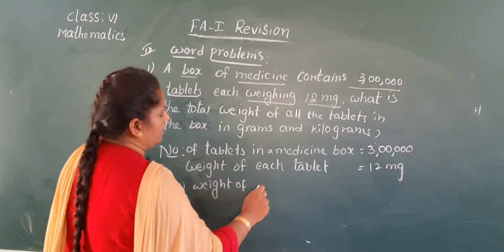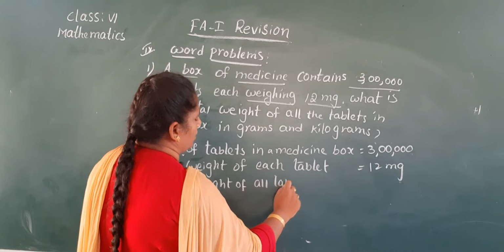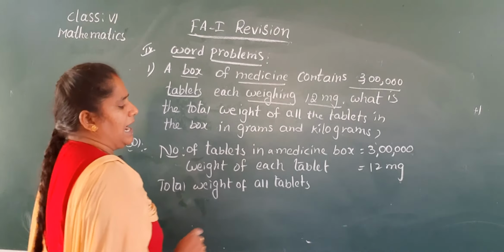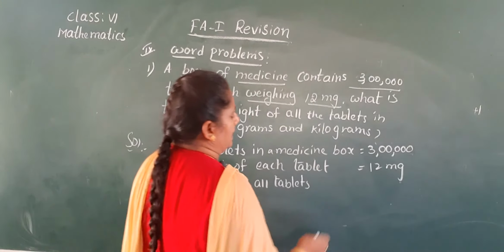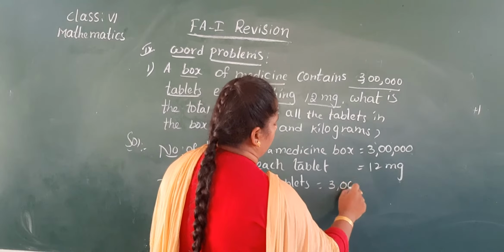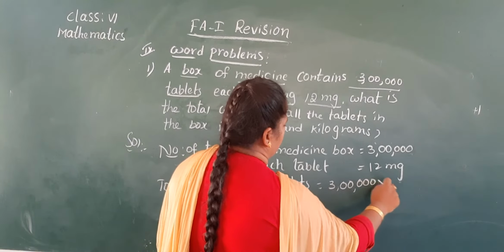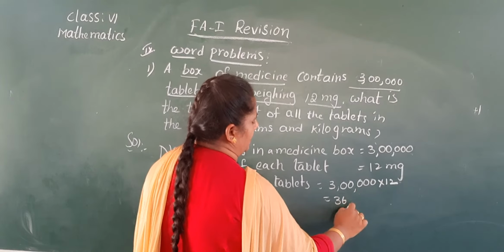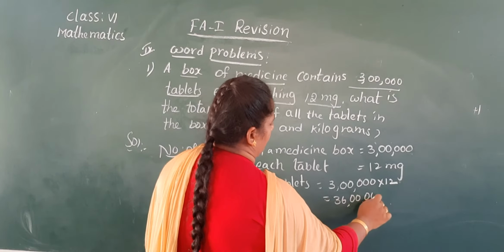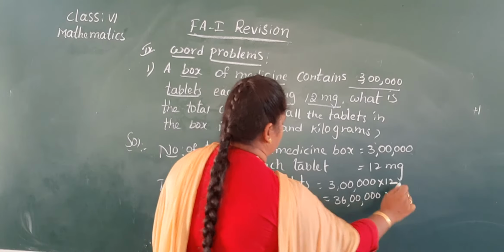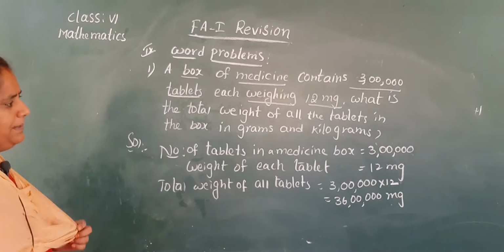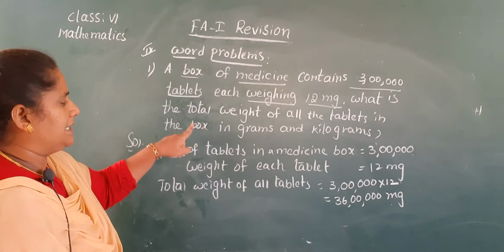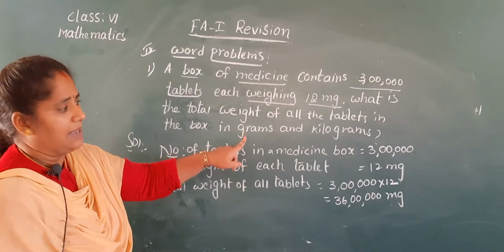Now we have to find the total weight of all tablets. Here they have given the weight of 1 tablet and we have to find it for 3 lakh tablets, so we will do multiplication. 3 lakh into 12. 12 3s are 36 lakh mg, milligrams. Here they are asking the total weight of tablets in the box in grams and kilograms.